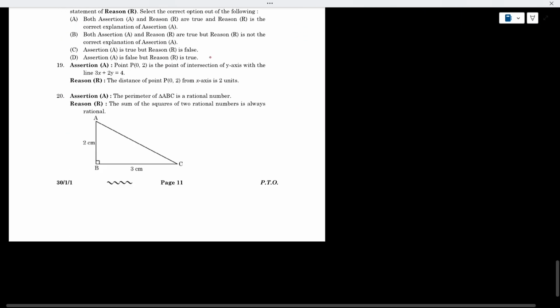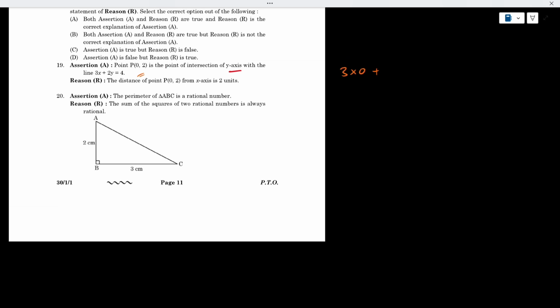Next, assertion and reasoning question. It says point P comma 2 is the point of intersection on the y-axis with the equation. So you can substitute this point in the equation, to see whether it's true or false. So 3 times 0 plus 2y is 4, so 2y is 4, y is equal to 2. So when x is 0, you are getting y as 2.